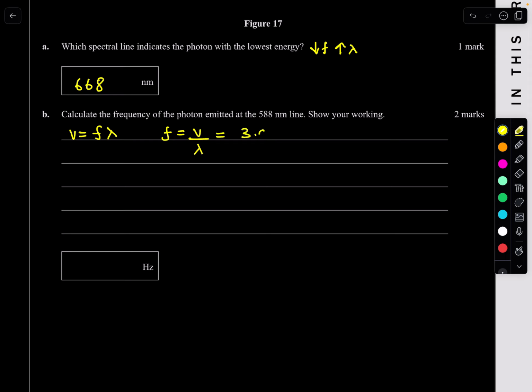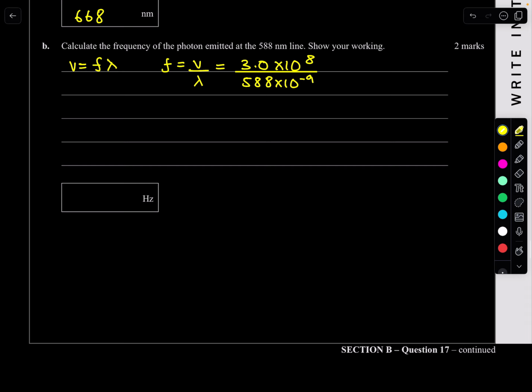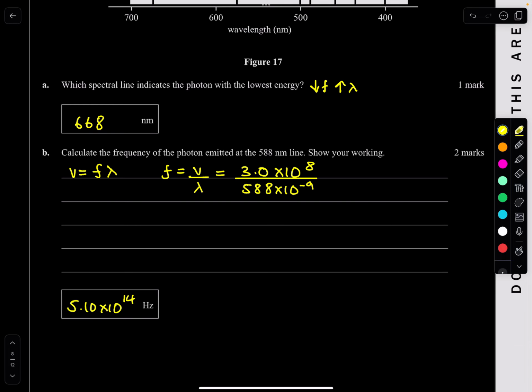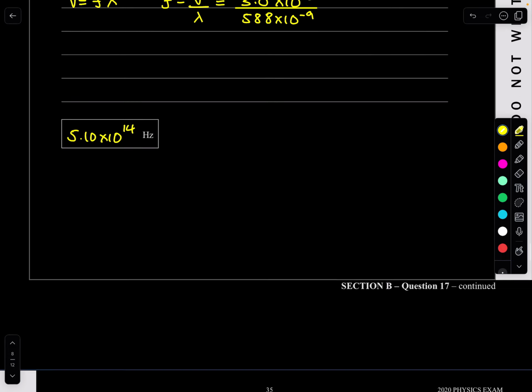So 3.0 times 10 to the power of 8, divided by your wavelength, which is 588 times 10 to the negative 9. That looks correct. That gives you, wow, a big number. So 5.10 times 10 to the power of 14 hertz. Does that look good? Yes, looks good.